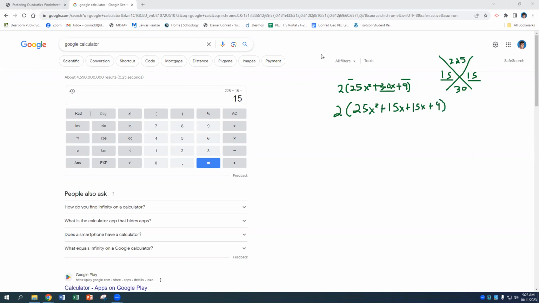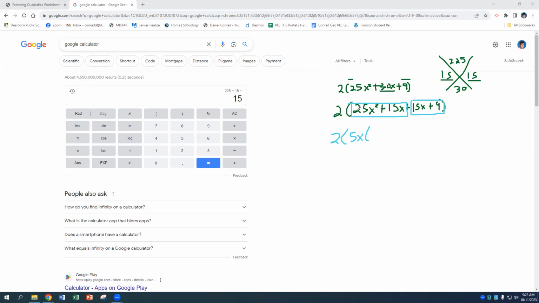right? And then we can factor the first two terms and the last two terms, right? We're looking for greatest common factor. The greatest common factor between 25x squared and 15x is going to be 5x.